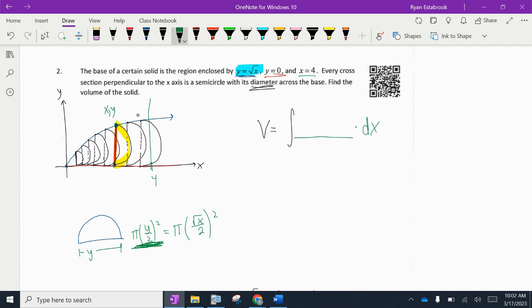I put square root of x in for y. So now if we square this, pi is still pi. What is the square root of x squared? Just x, right? And then over 2 would be 4. So then the area of this semicircle, or any of those semicircles, is going to be pi x over 4.